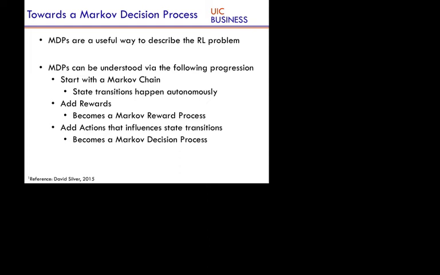You can add rewards, and it becomes a Markov reward process. For every state, you can attach a number, which is called a reward. Again, still autonomous. Now you can add actions that influence the state transitions, and then it becomes a Markov decision process. Once you introduce an action, a state and action will lead to a reward, which is a single number, and also the next state, S prime.